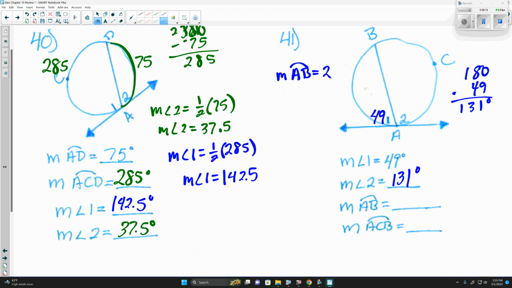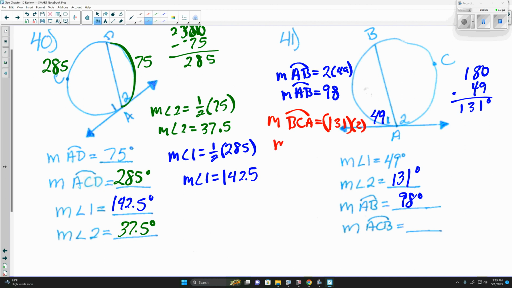So AB would be 2 times 49. So the measure of AB is 98. Measure of BCA or ACB is 131 times 2. So the measure of BCA is 262.